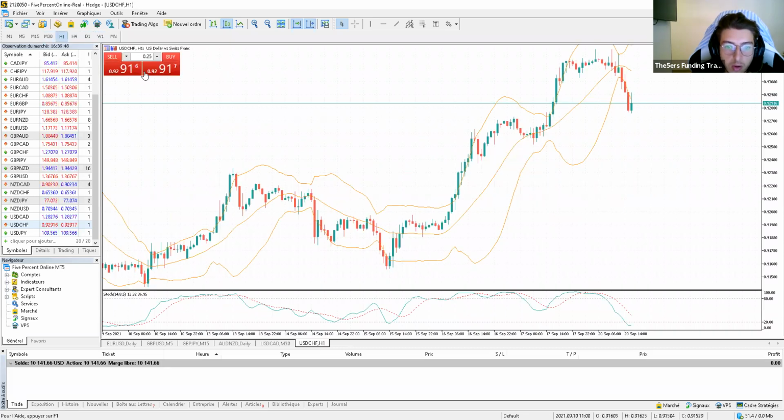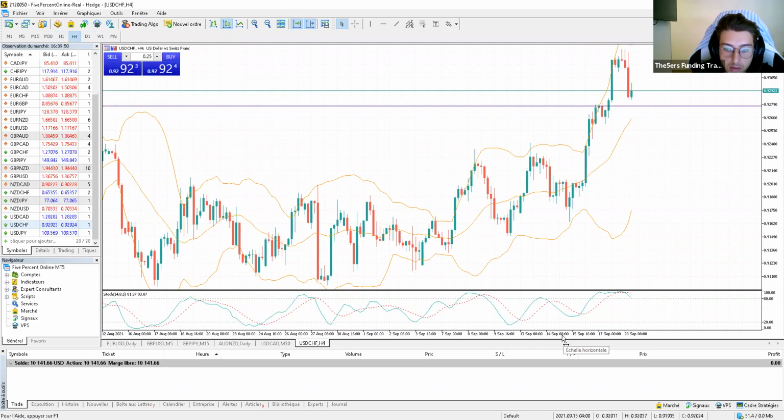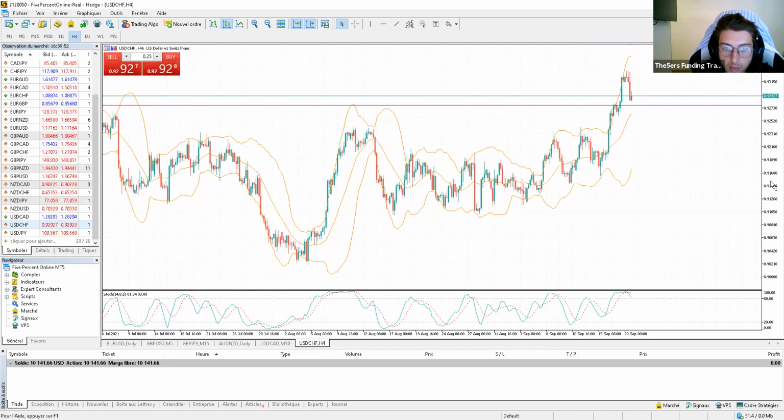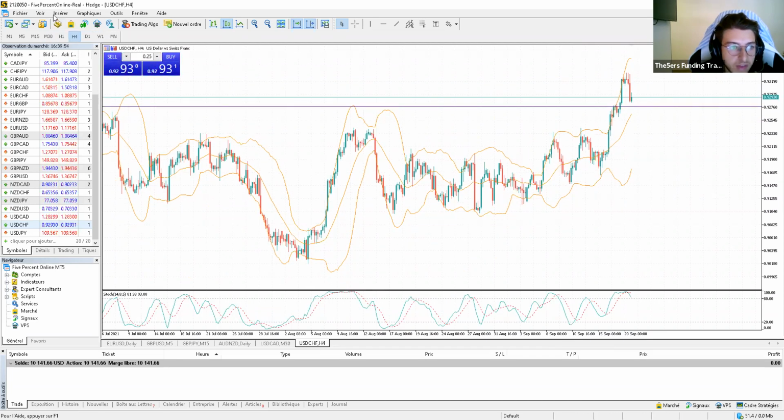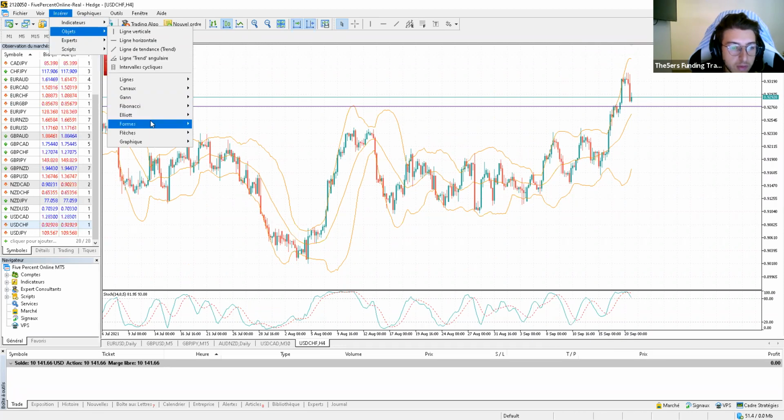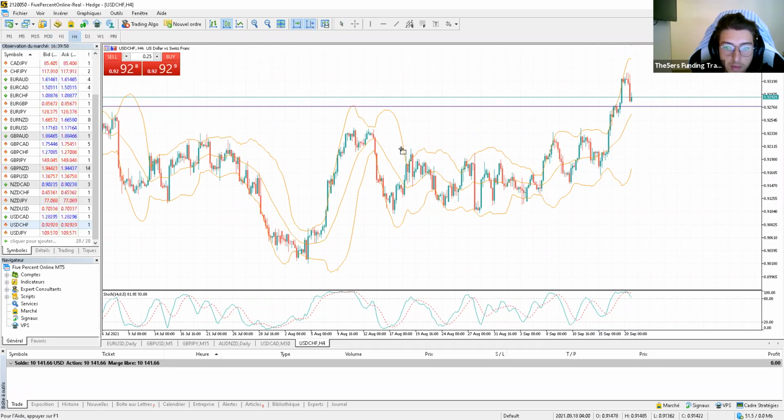Okay, if I go on the H4, you had this level here. You also had a level just here that broke, and this level was not relevant when we broke one time here and the second time. The level that you have to check was here.